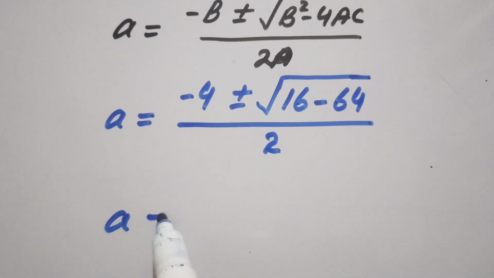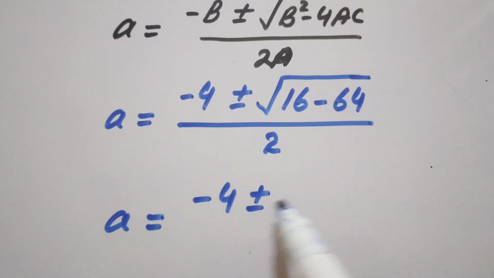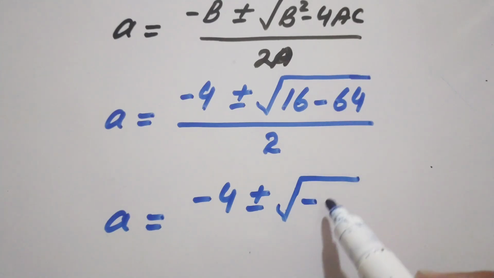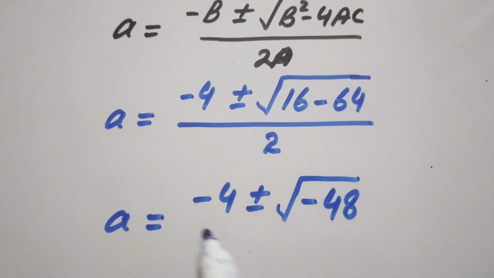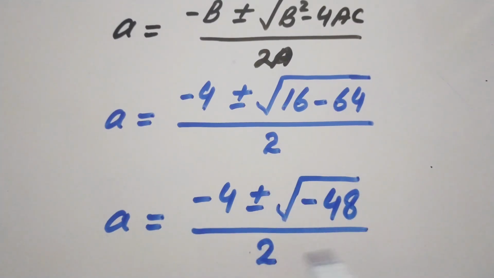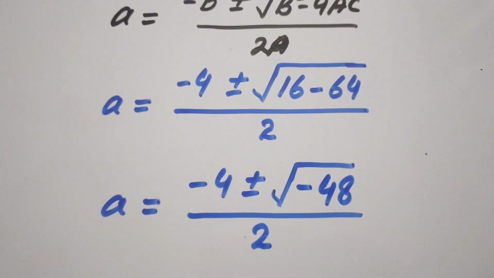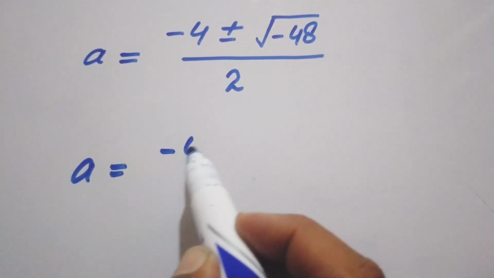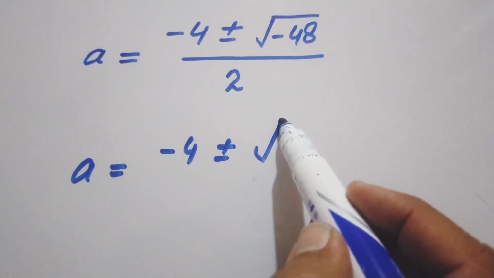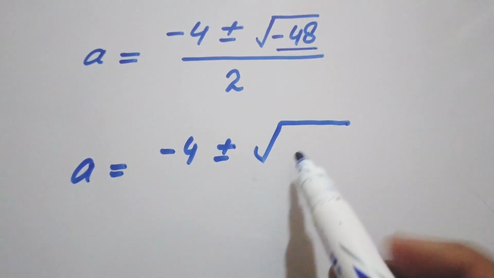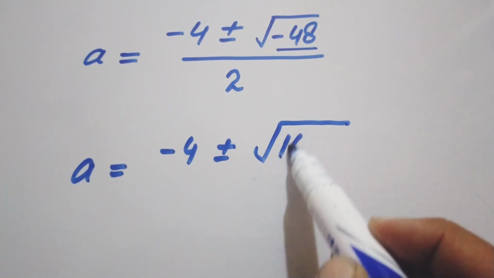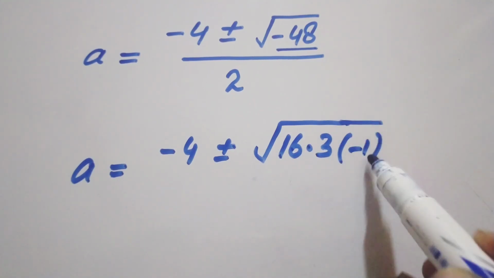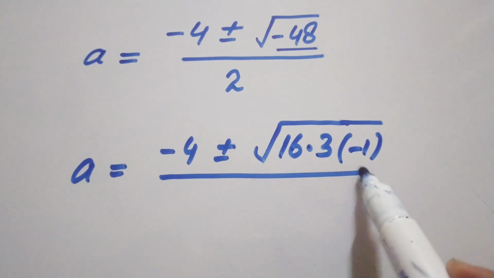Now a is equal to minus 4 plus minus square root of 16 minus 64. We have minus 48, divided by 2. Now a is equal to minus 4 plus minus square root of minus 48. We can write this as 16 multiplied by 3 is 48, and multiplying with negative 1 we get minus 48, divided by 2.